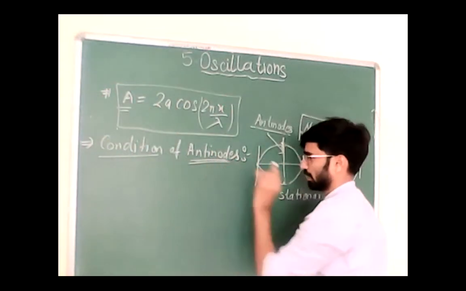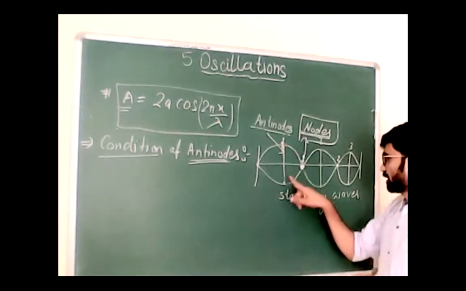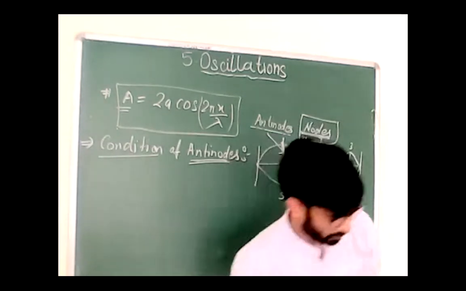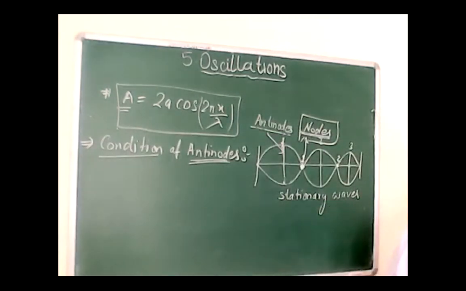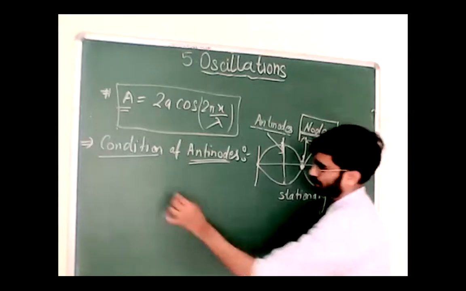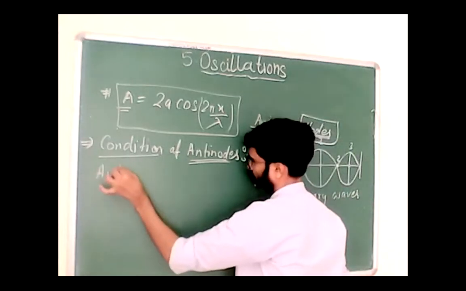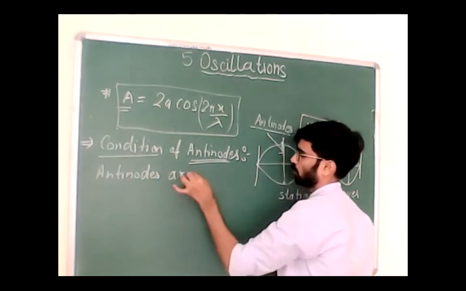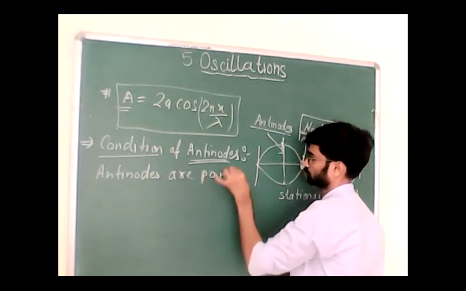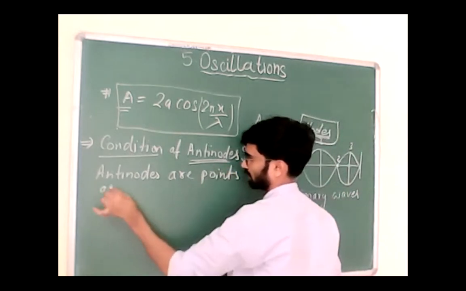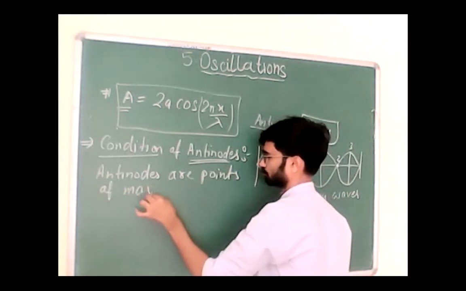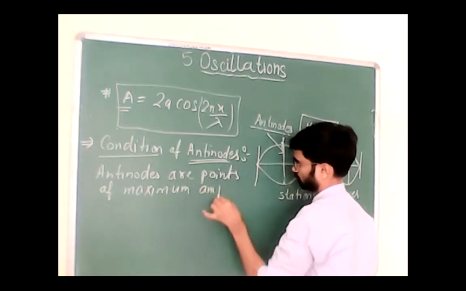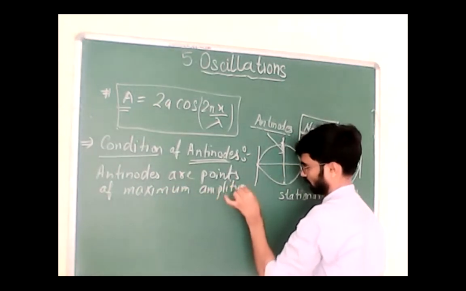For forming an antinode, the amplitude should be maximum. So we are going to use that condition, and we can say that antinodes are the points of maximum amplitude.